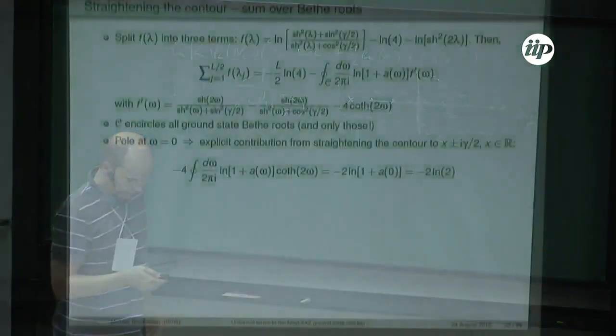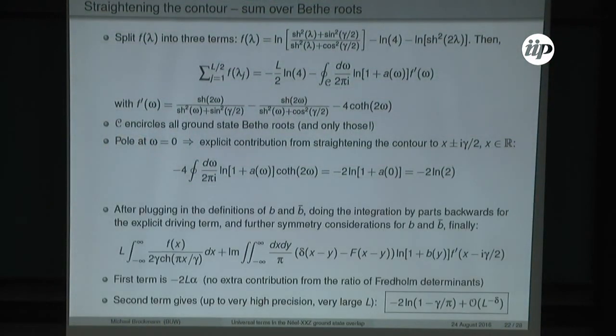Okay, good. After further manipulations, we deform the contour in the following way, and then we can plug in on this axis the definition of b, and on this axis the definition of b bar, and use the integral equations for b and b bar.